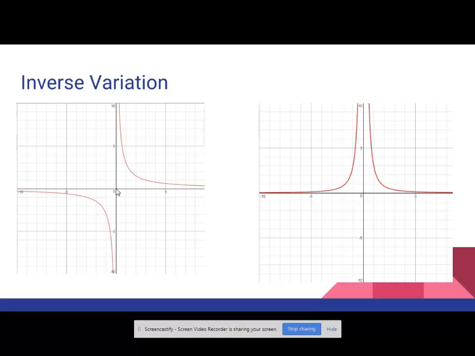As x increases, y decreases, but at a decreasing rate. Or, as x increases here, y increases at an increasing rate.